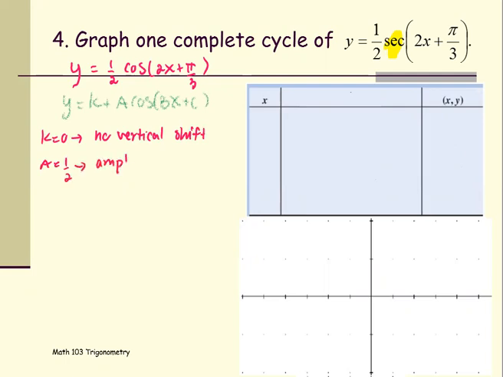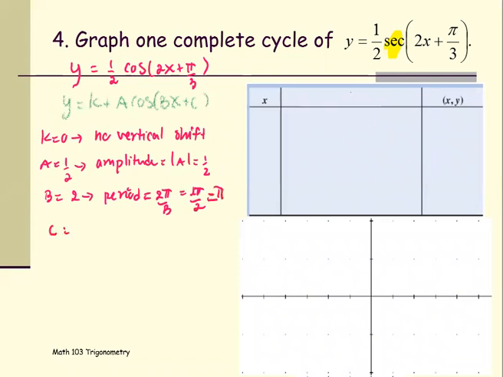That also tells us about the amplitude, or the absolute value of A equals 1/2. The value B, which is the value 2, is used to compute the period from 2 pi divided by B, or 2 pi divided by 2 turns out to be pi.